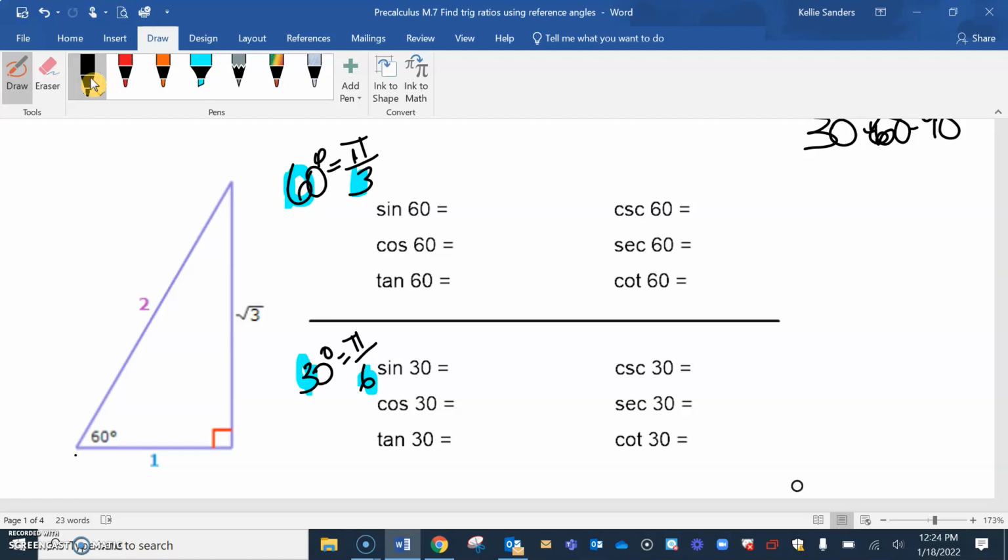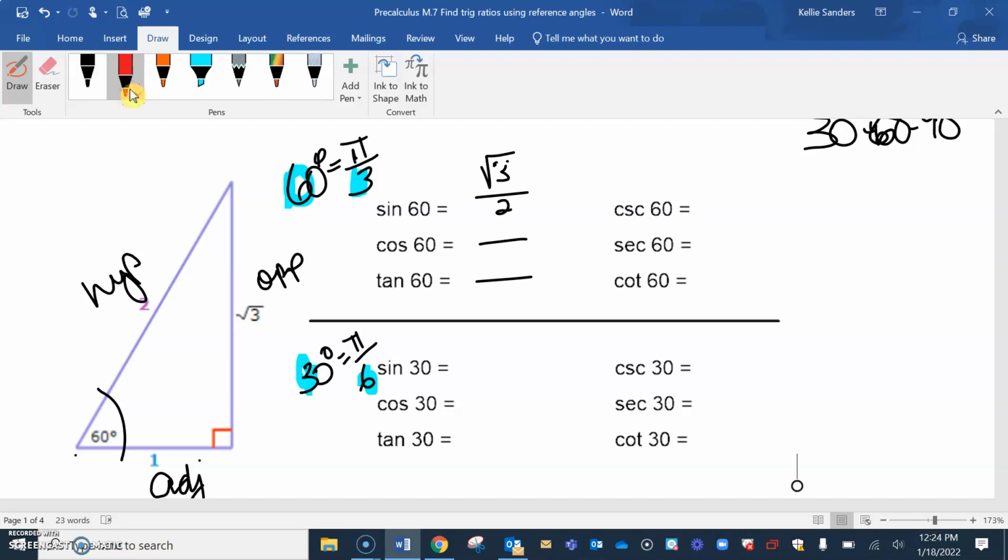So on all of the top ones, we have 60 degrees. And if we have this 60 degree angle right here, square root of 3 is opposite 60 degrees. 1 is adjacent, and 2 is the hypotenuse. So if we do sine, cosine, and tangent, sine would be square root of 3 over 2. Cosine is 1 over 2.